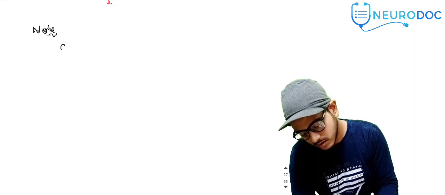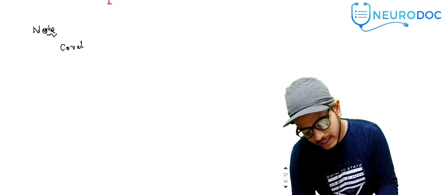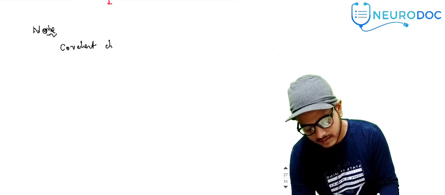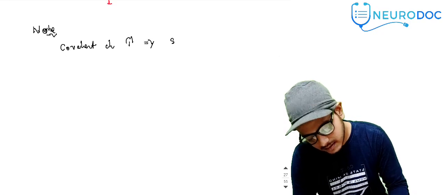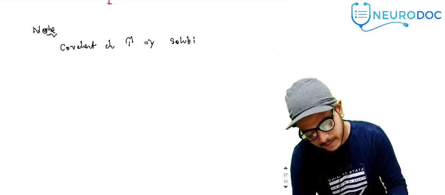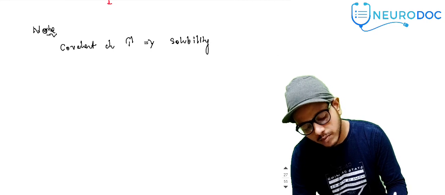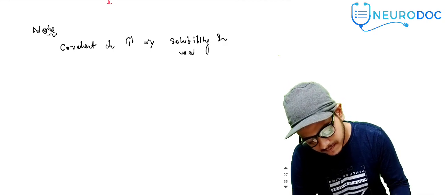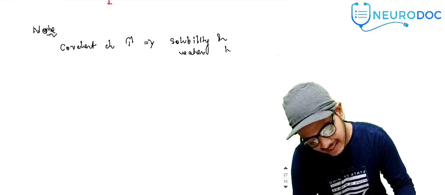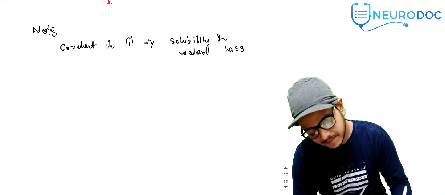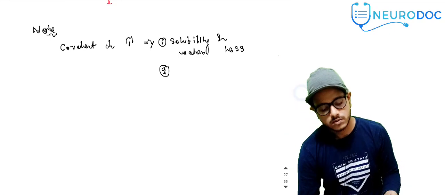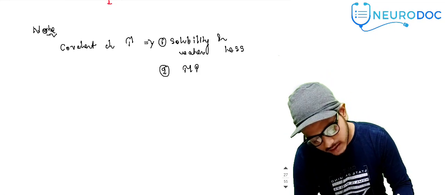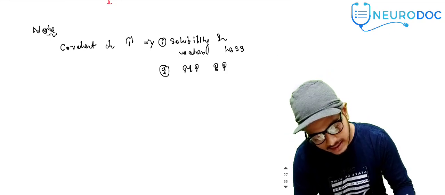What is the note? Note: covalent character more implies: number 1, solubility in water less. Number 2, melting point, boiling point less.